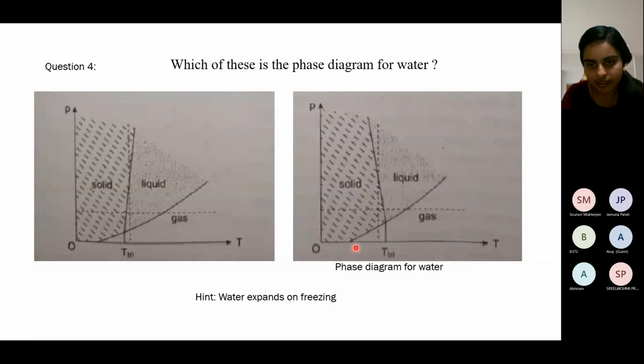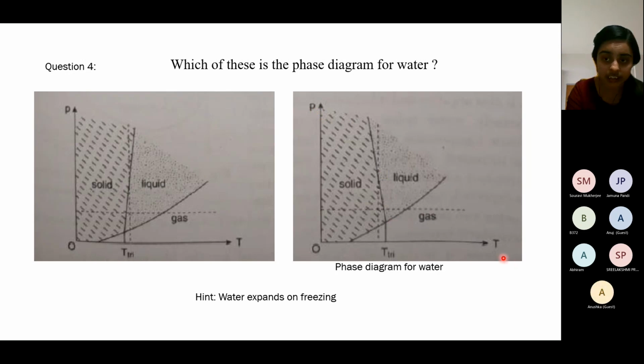Okay. So this is the phase diagram of water. You are correct. But here what you have to remember is that this nature of water, that water expands on freezing, can be explained in terms of this phase diagram, and that is manifested as the negative slope in the P versus T graph.